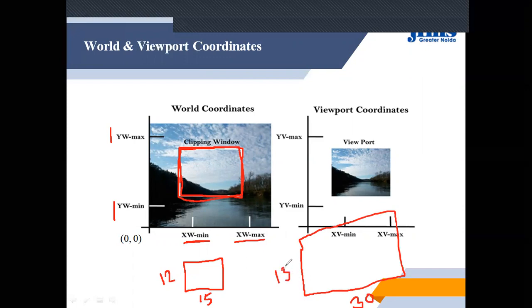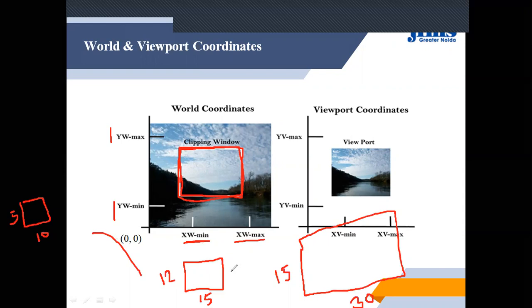Or maybe it is a small area, for example, the size on y-axis is 5 and on x-axis is 10. So there are two possibilities when I want to view a world image on the viewport image.